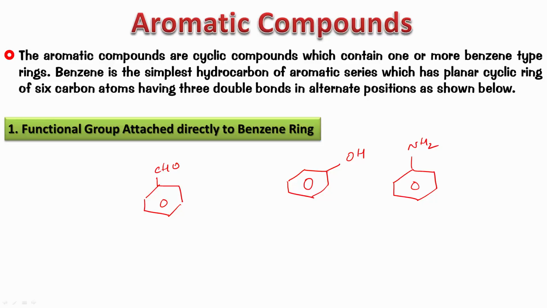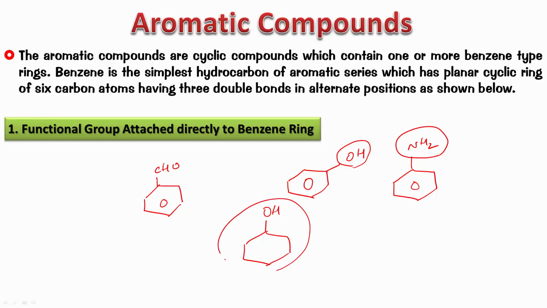Well, the naming depends upon the nature of the functional group that you have. For example, how would you name this one without a benzene ring? Suppose I have a cyclohexane ring. You call it cyclohexanol. Okay? Now, the moment you have a benzene ring, things become different.